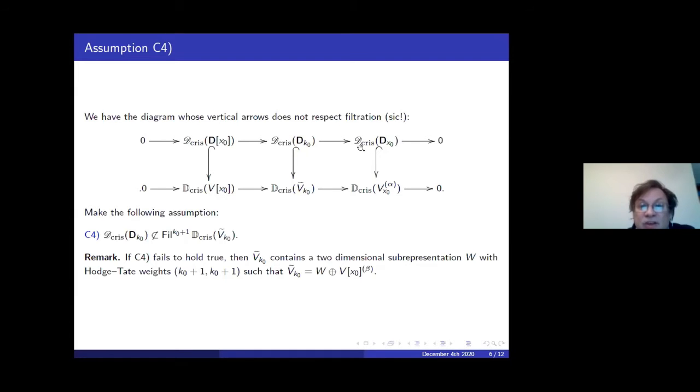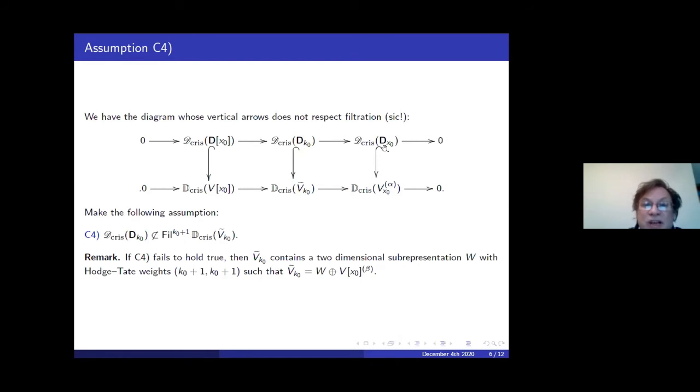Next, we consider the crystalline module associated to D x0. I recall that D is the triangulation of our family, and we specialize it at x0. So we have an inclusion, which is in fact an equality, because both spaces have dimension 1.